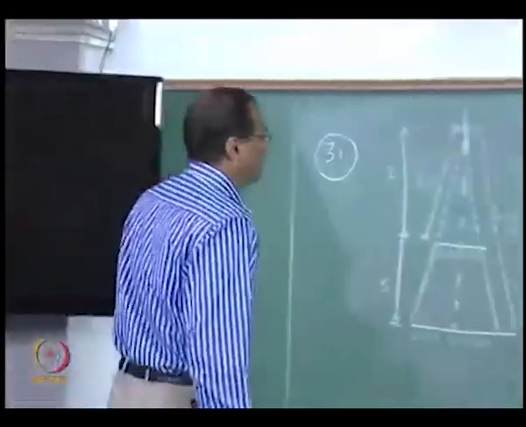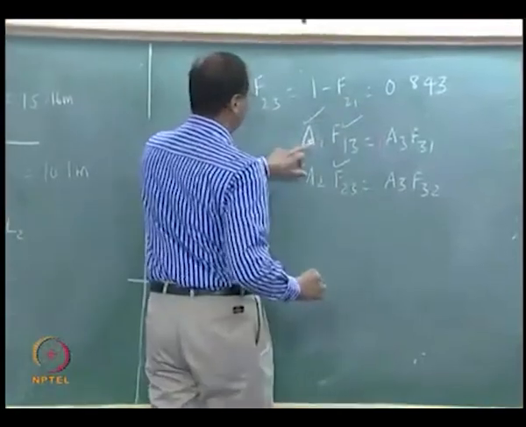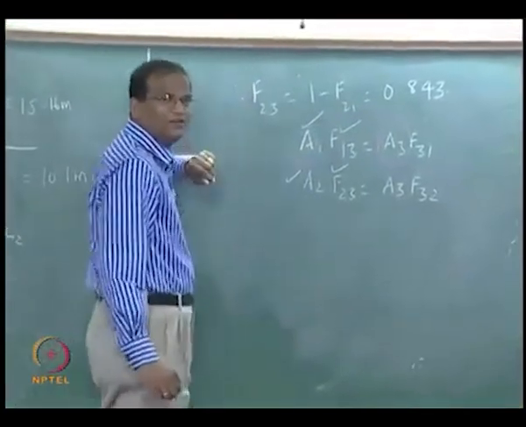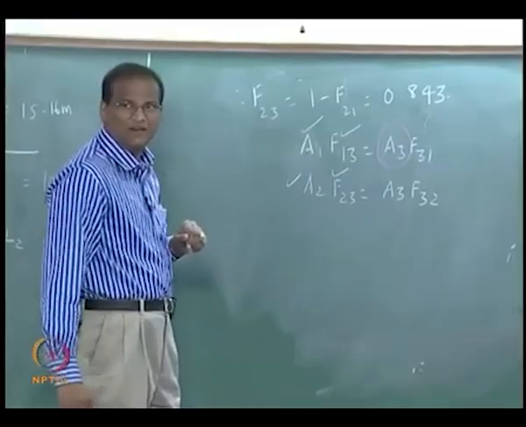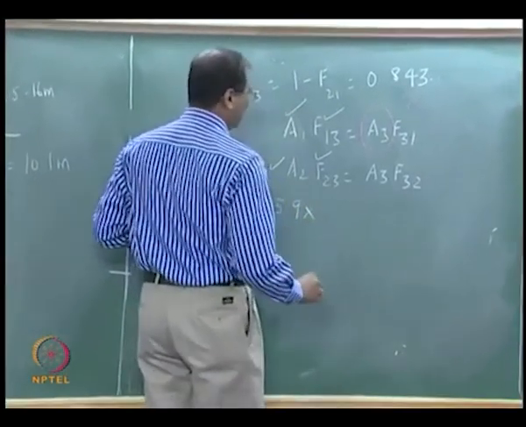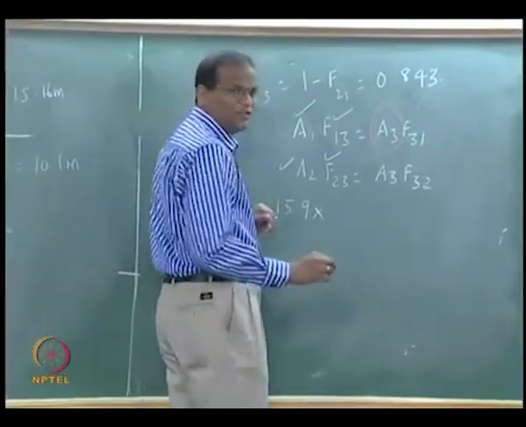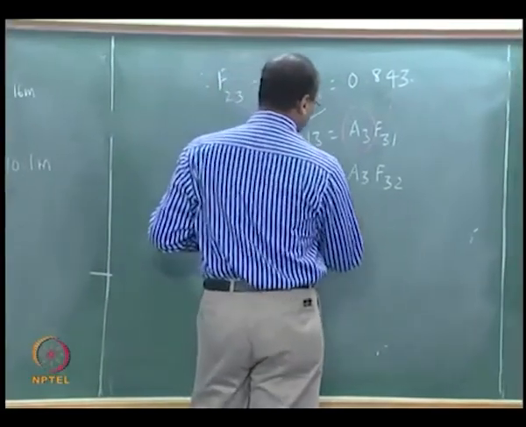Okay. Now A1 F13. What is A1? 15. 15.9 into F13. What is F13? 94.